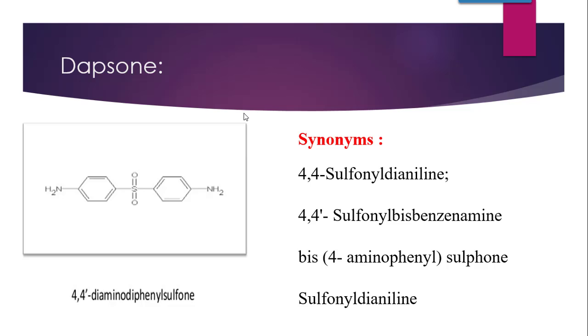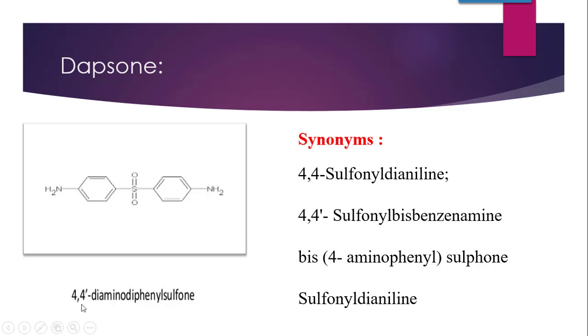Coming towards the structure, we have already discussed the structure in the SAR video of dapsone, but still we'll have a quick review of the structure with the IUPAC, or different names by which it is known. This is the structure of sulfonamide, as you already know from the previous video.